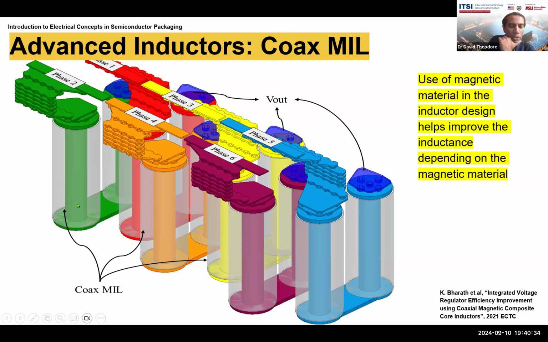The coax inductor basically has metal on top, magnetic material, and a dielectric layer on the outside, or vice versa. You can put the magnetic material outside, then an interface layer and either an air core or a dielectric core, and that creates the inductor. You have different ones with different physical configurations for different inductance values that are linked to different parts of the circuit. That's what the different colors mean.